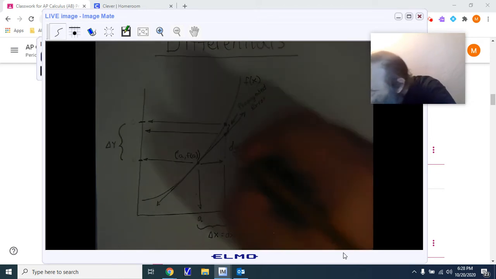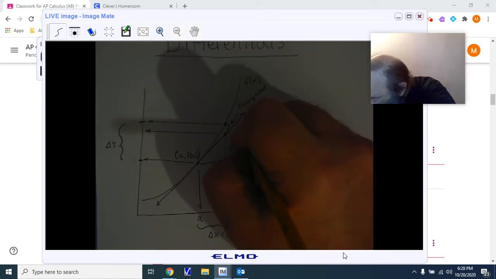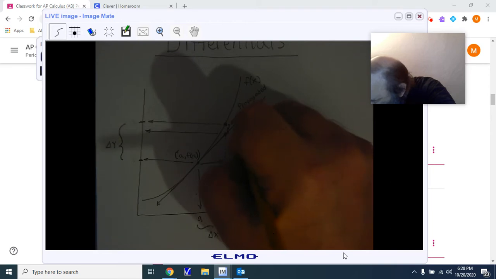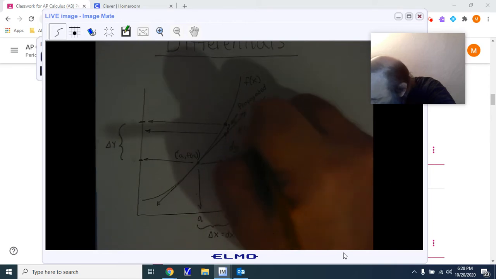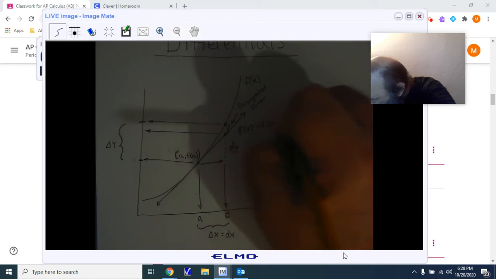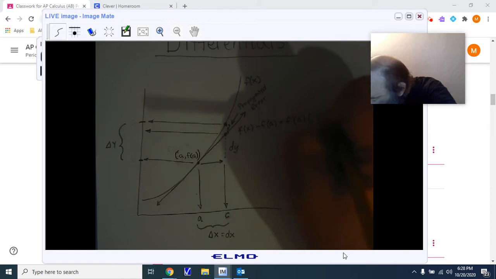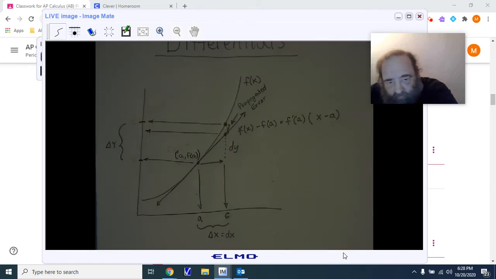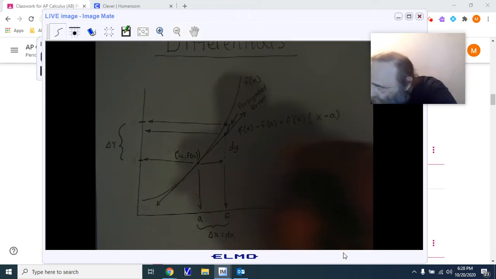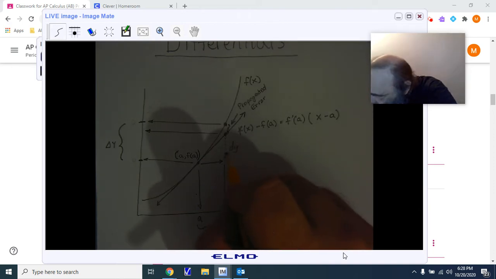And we know this equation because our equation of the tangent line is going to be f of x minus f of a equals f prime of a times x minus a. That's our tangent line.